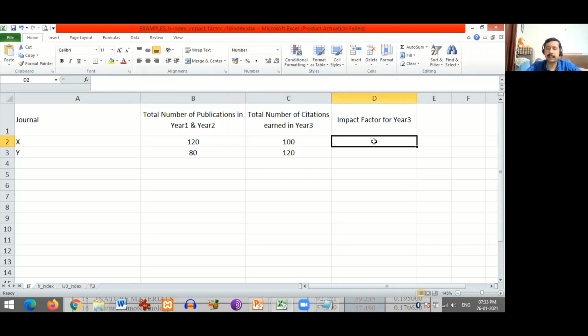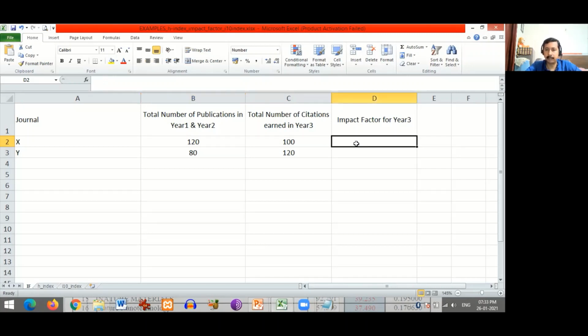So the impact factor of Journal X for the year 2019 will be the total number of citations earned in year 3 divided by the total number of articles published in year 1 and year 2 put together.